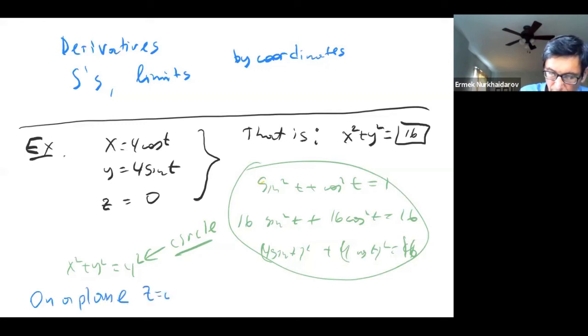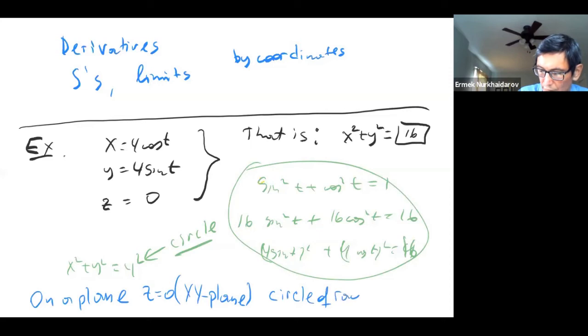Z equals 0, xy plane. Circle of radius. If you like, you also might mention the center.